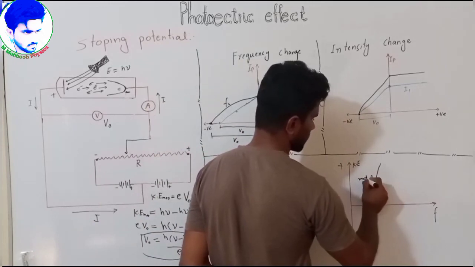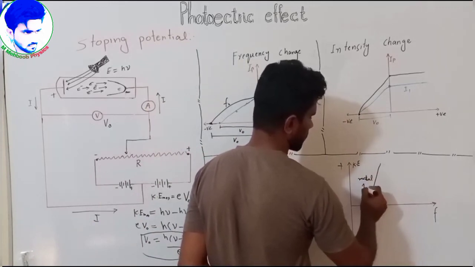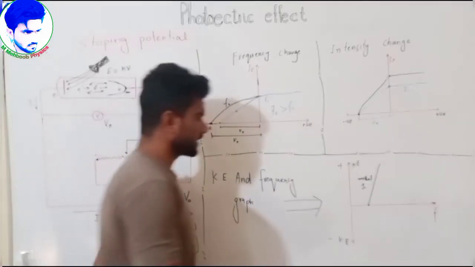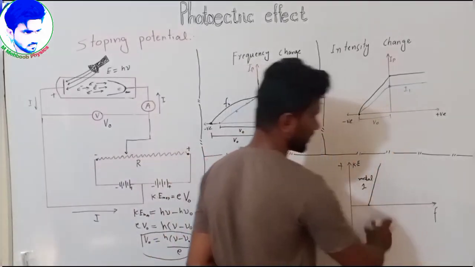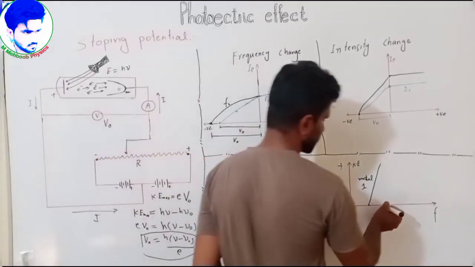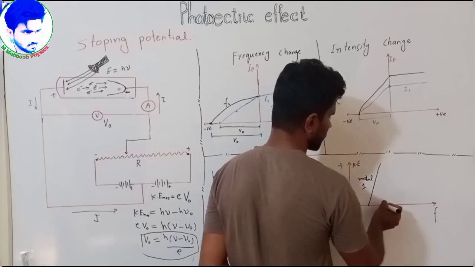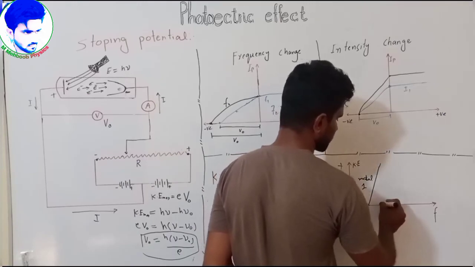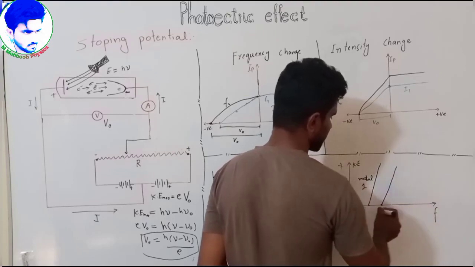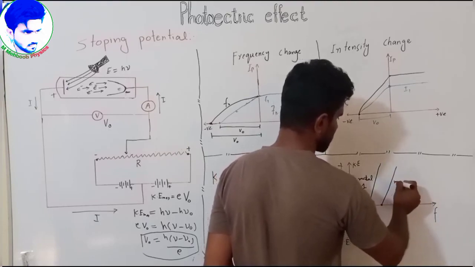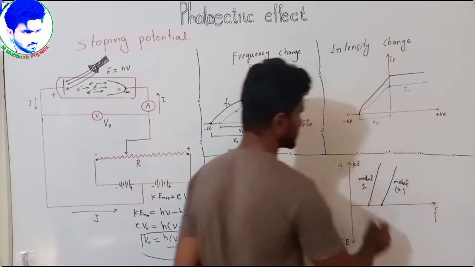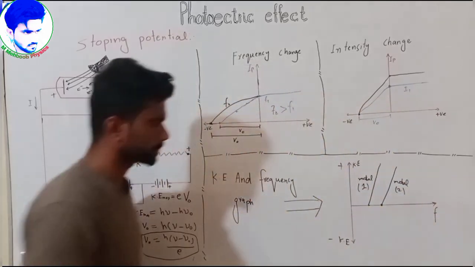For metal number 1, let's suppose we have another metal that has a greater work function. In that case, the threshold value of frequency will be greater, and it makes a graph like this: metal 2 for the second metal and metal 1 for the first metal.